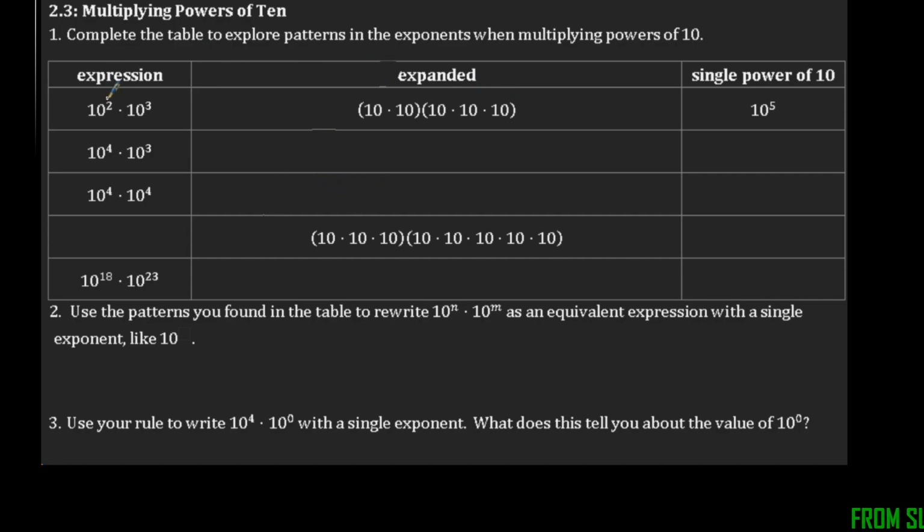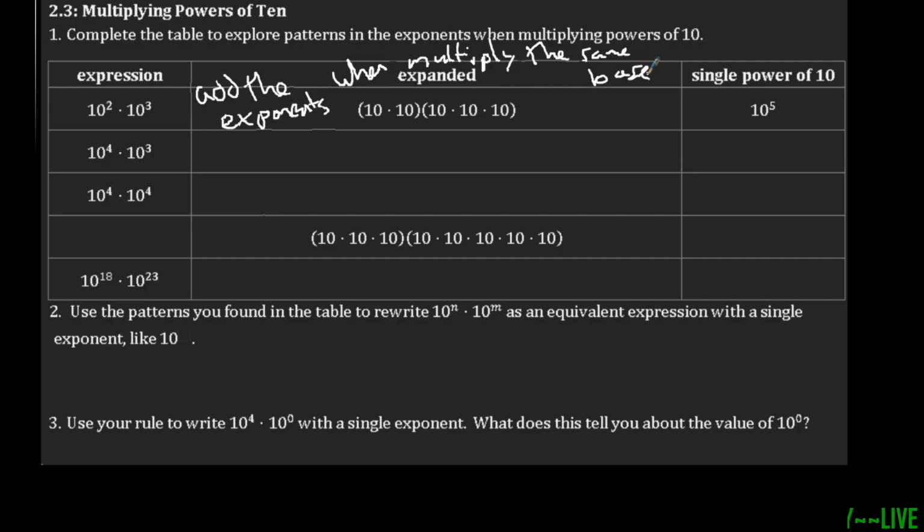And so again, add the exponents when multiplying the same base. So it only works when I have the same base. But that's how they do 2 plus 3 is equal to 5. So make sure you're not multiplying the exponents, you're adding those exponents together.